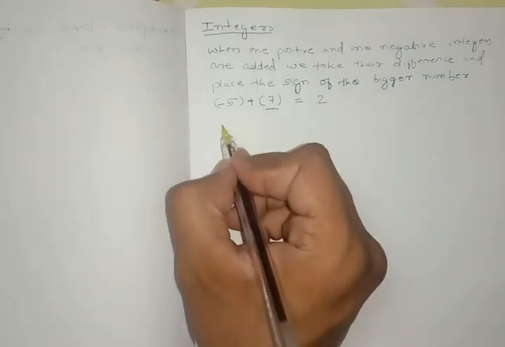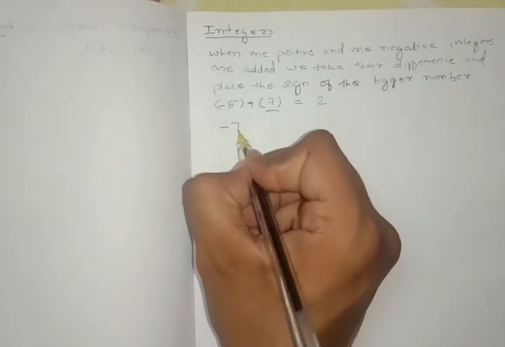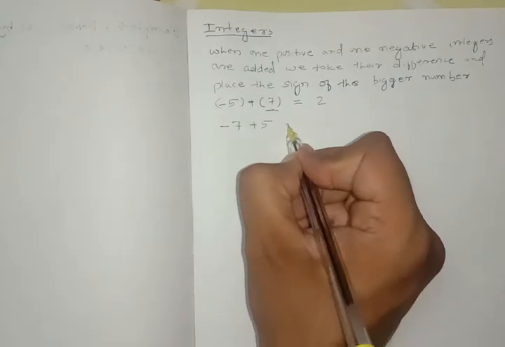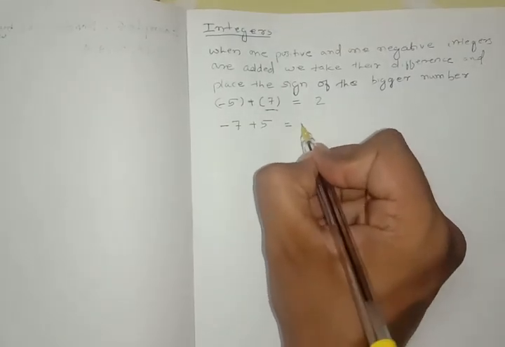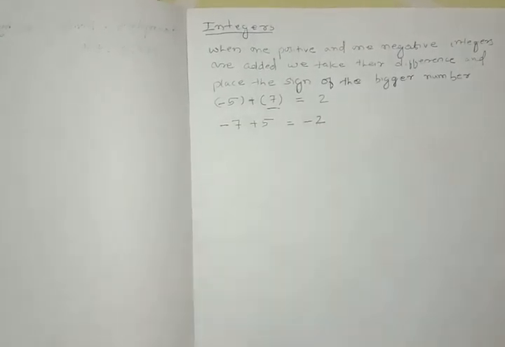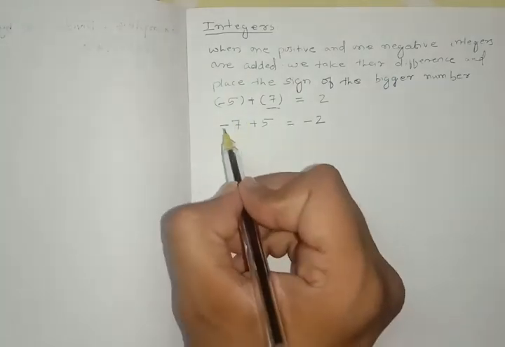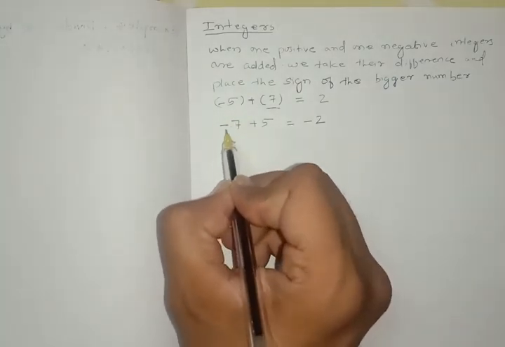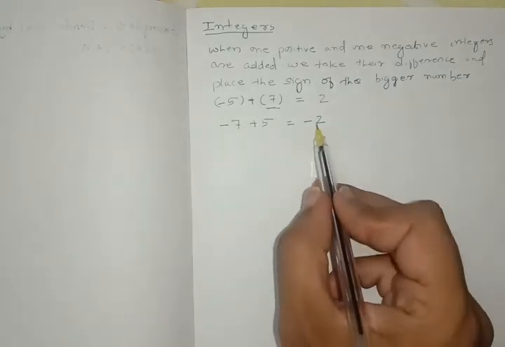Suppose if it is like this, -7 plus 5, answer will be -2. Why? Because the sign of the bigger number is minus. That's why -2.